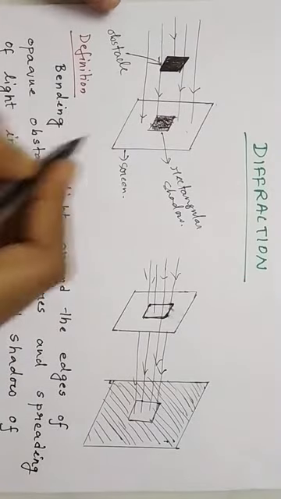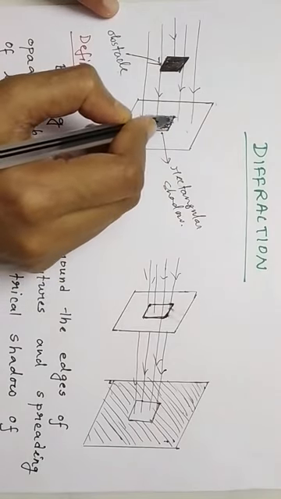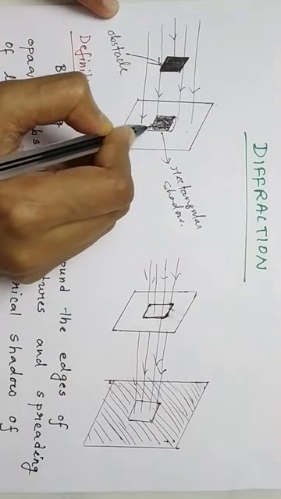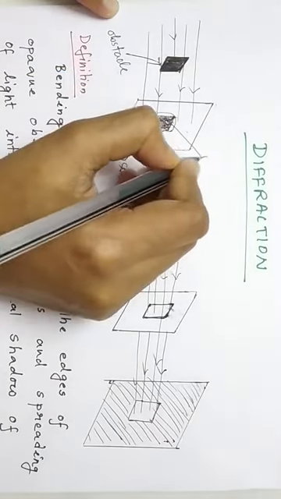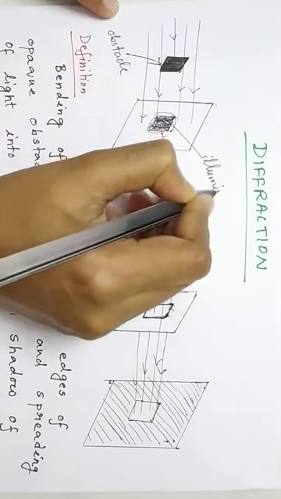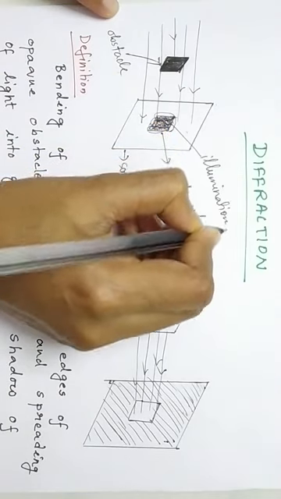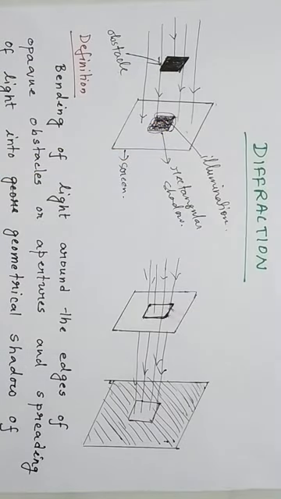But what is observed is that around these edges, over here in the geometrical shadow, you will find some illumination, which is not possible if we consider the rectilinear propagation of light, that is, that light travels in a straight line.